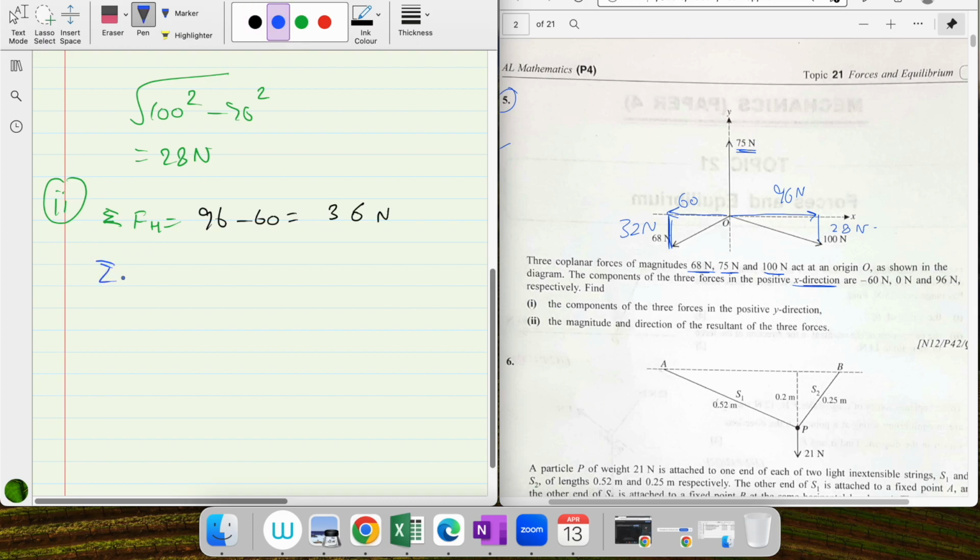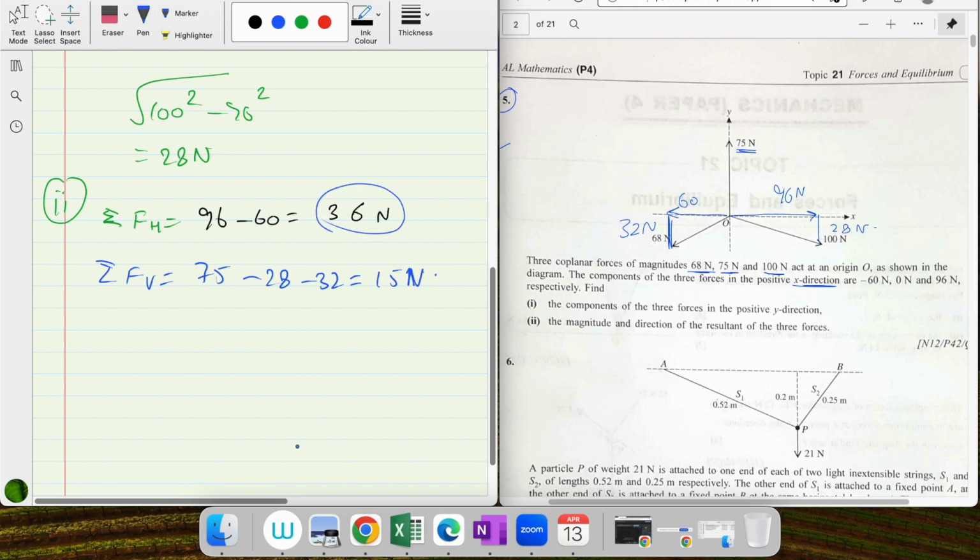For the sum of forces in the vertical direction, 75 is upwards, and we normally take upwards and towards the right as positive, and the two other forces are downwards. So the resultant is 75 minus 28 minus 32, which is 15 newtons.